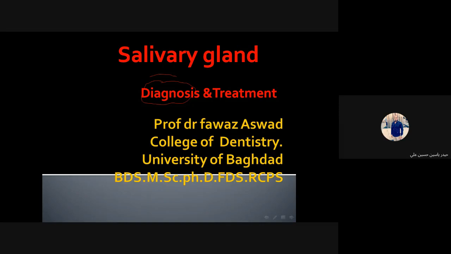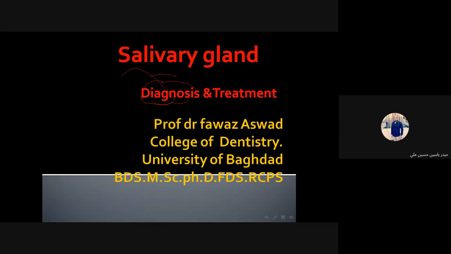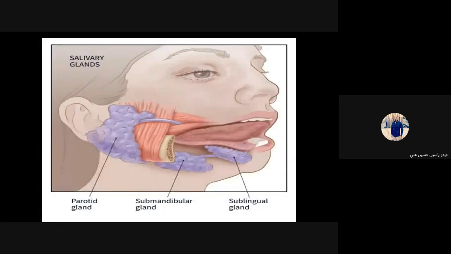We will also cover the different modalities of diagnosis, the way we can make an accurate diagnosis for the patient, and the signs and symptoms of salivary gland disorders. To reach the diagnosis, we need to know the anatomical structures of the salivary gland.